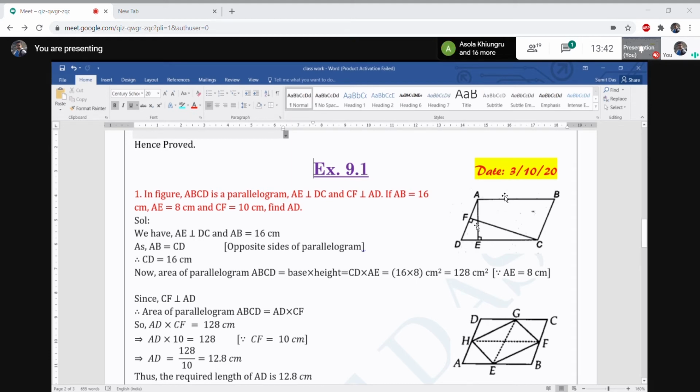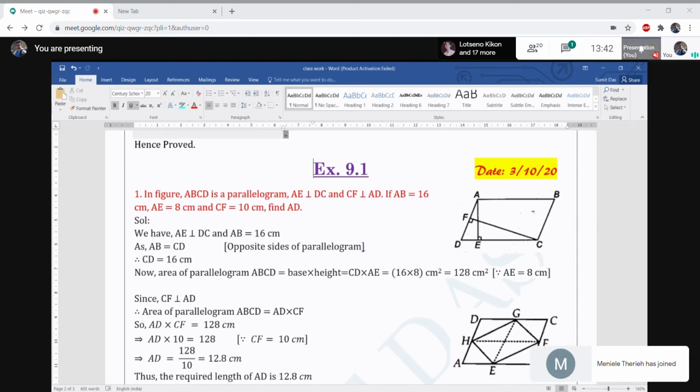AB length is given as 16, AE length is 8, and CF length is 10. We have to find AD, which means this length.